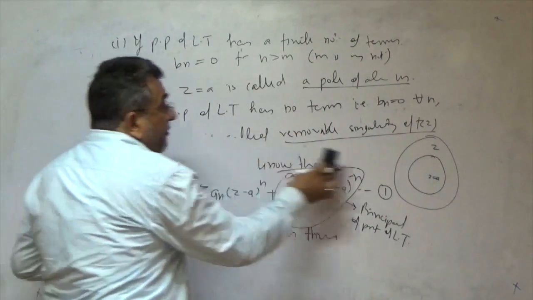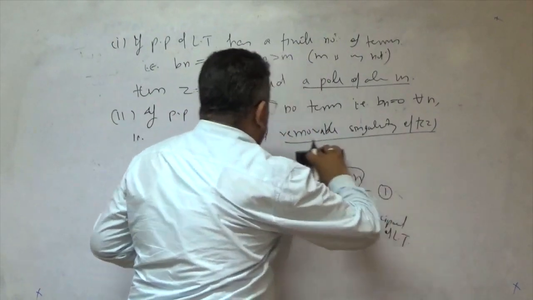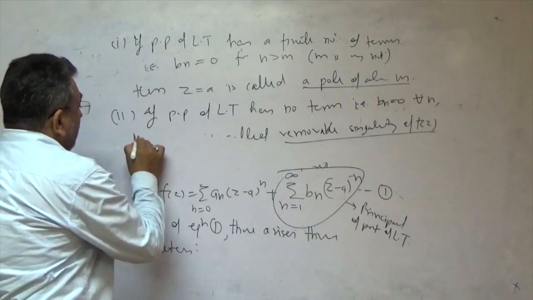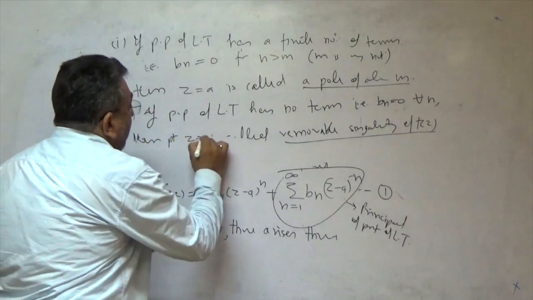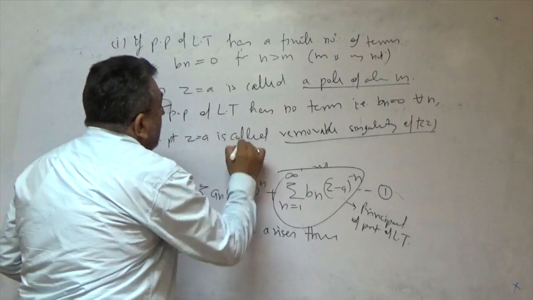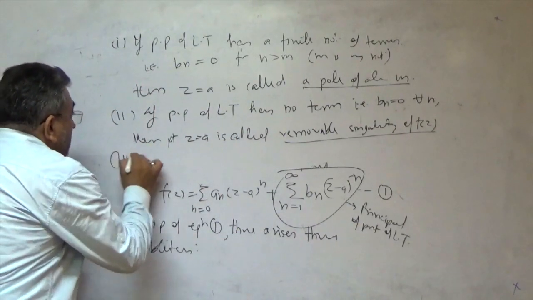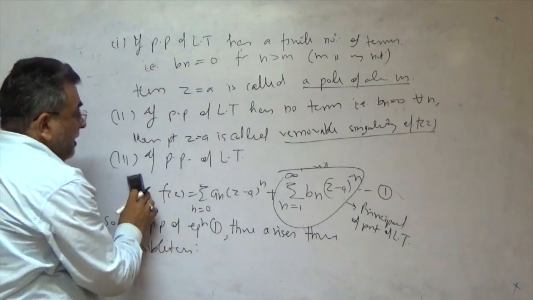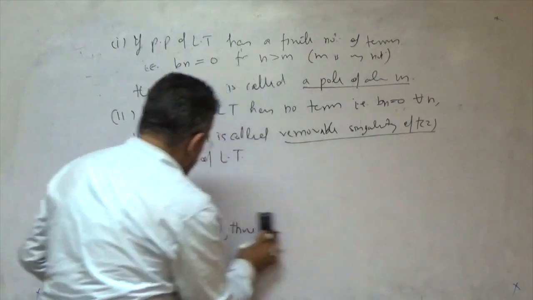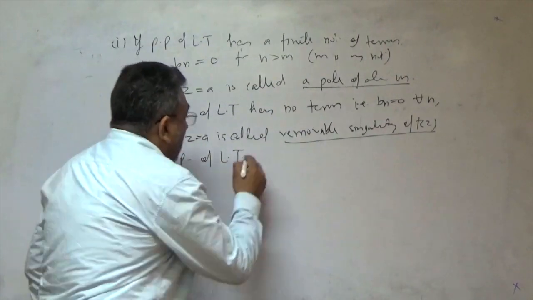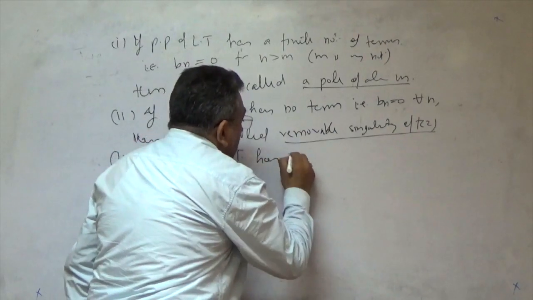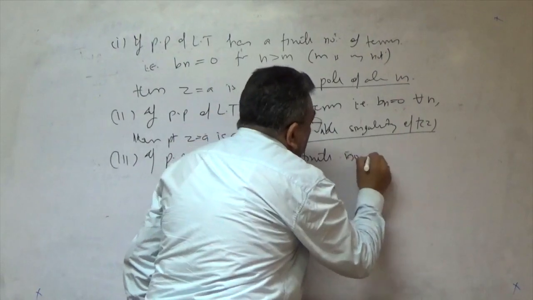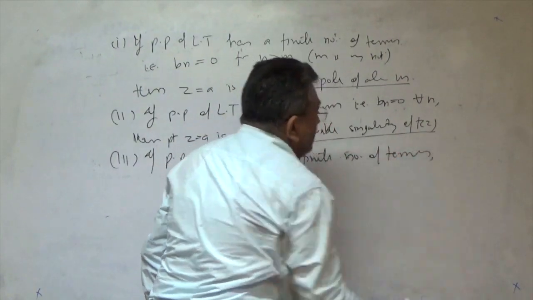That is the result of the second possibility, when the principal part of the Laurent theorem has no term. Now, the third possibility: if the principal part of the Laurent theorem has an infinite number of terms.